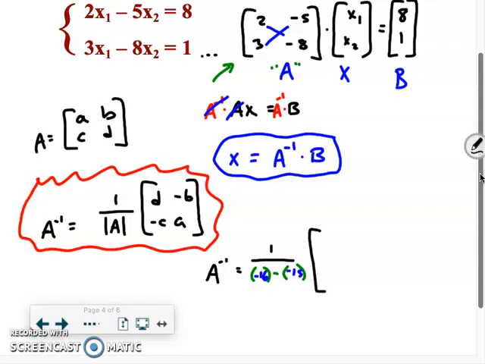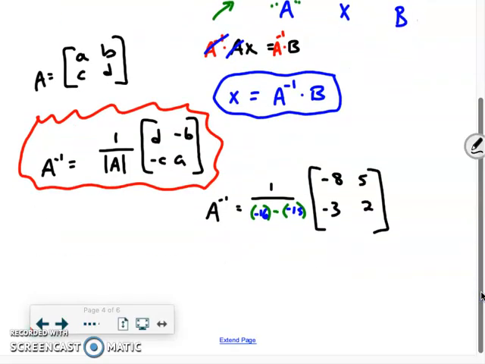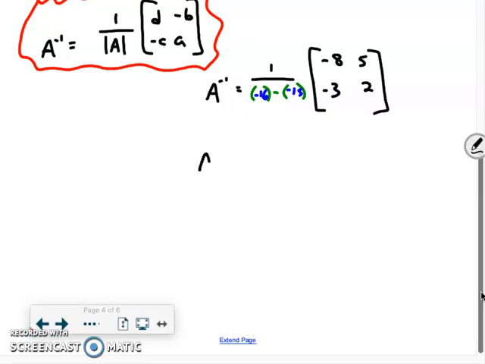And then we have to jumble the order. So top left, bottom right, they're going to swap places, which means negative 8 comes here, positive 2 goes there. Top right, bottom left, they're going to be negated. So negative 5 becomes positive 5, 3 becomes negative 3. So now we can say that A inverse is going to be equivalent to 1 over, now since I'm subtracting negatives, that's adding the opposite, so that scalar becomes 1 over negative 1, which I think we're all on the same page.